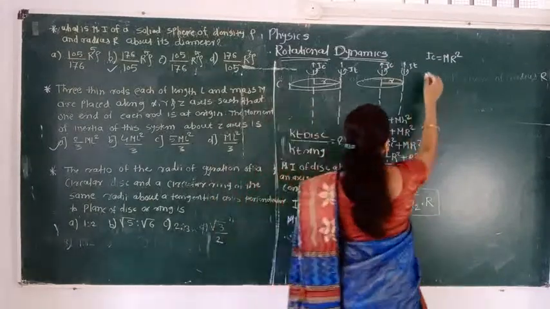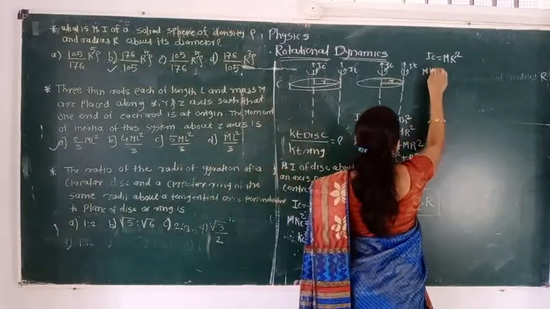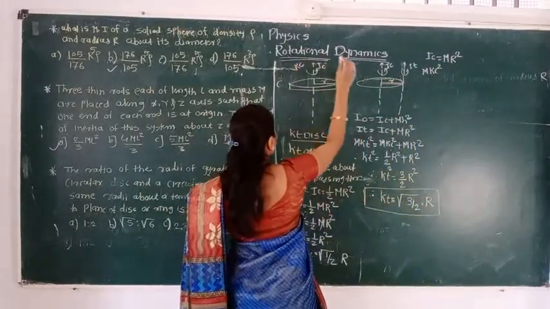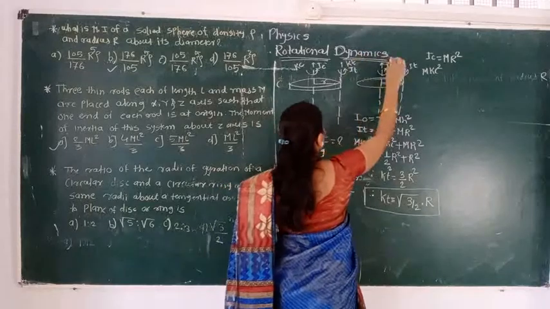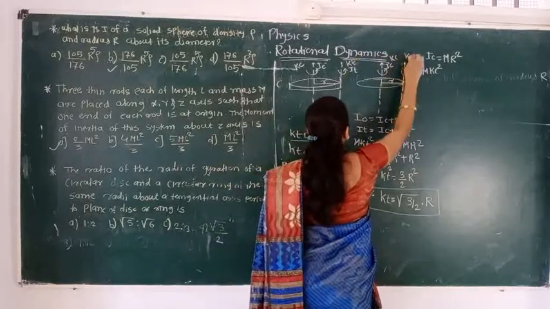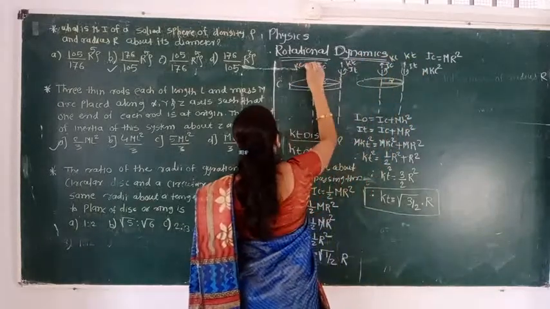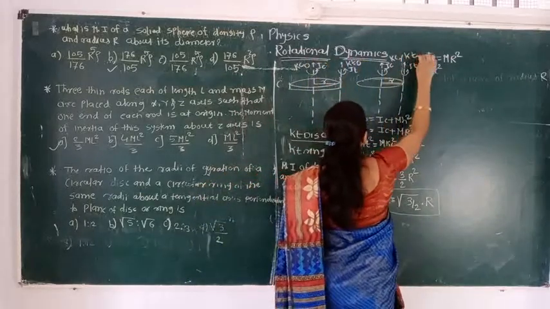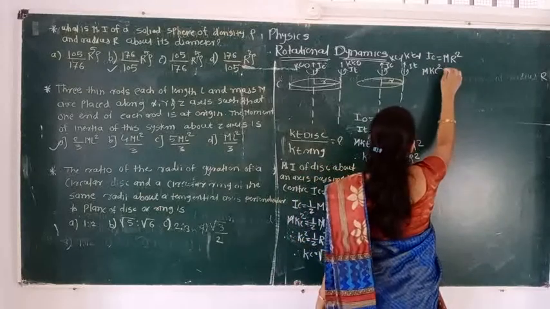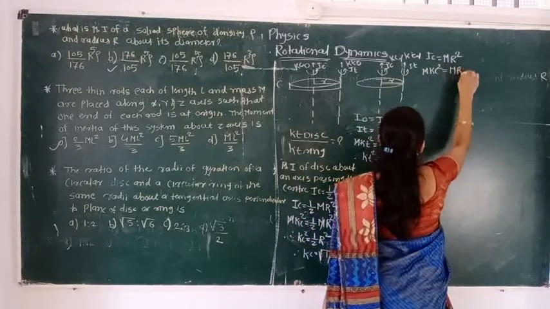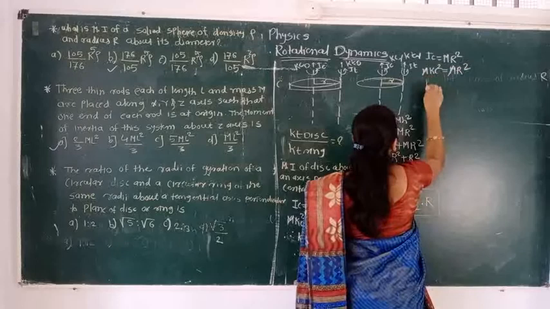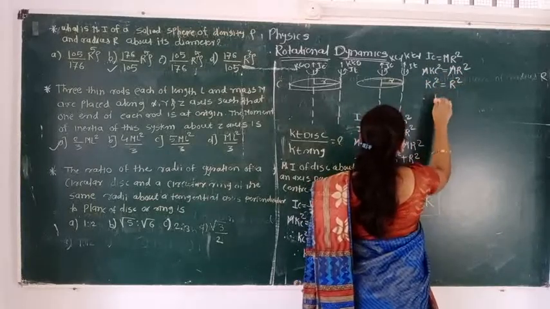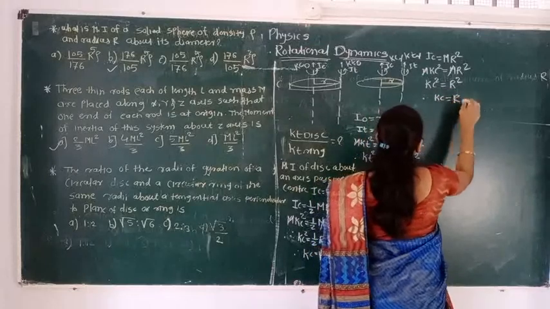Here we are writing this in terms of radius of gyration, Kc and Kt. So simply m kc square is equal to m r square. So Kc square is equal to r square. Therefore Kc is equal to r. This value we are getting.